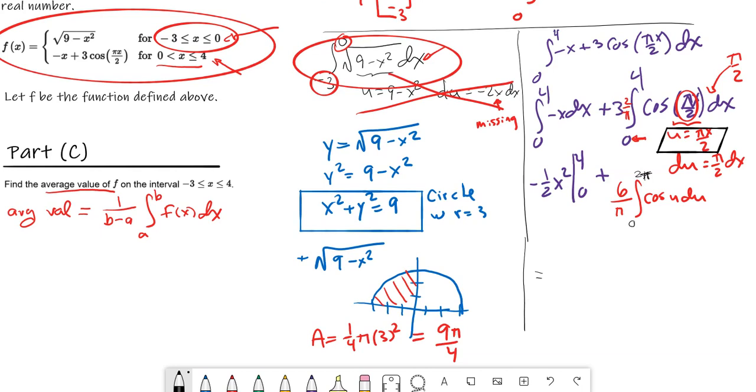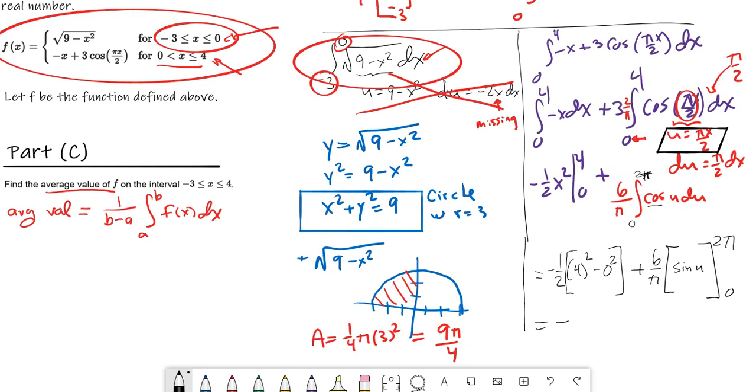So we can see that we have negative 1/2, 4 squared minus 0 squared plus 6 over pi. The antiderivative of cosine u is sine u. The new bounds for u are 2 pi and 0. Here we have 4 squared is 16 minus 0 is still 16 times negative 1/2.